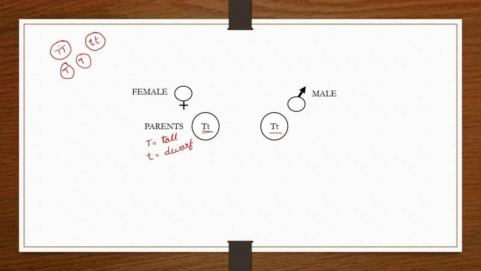So both are present, and they are not contaminated or mixed. And these factors with the different traits are separated during gamete formation.